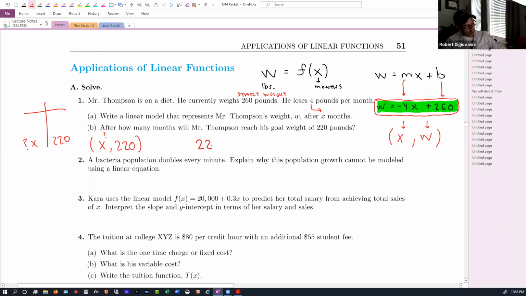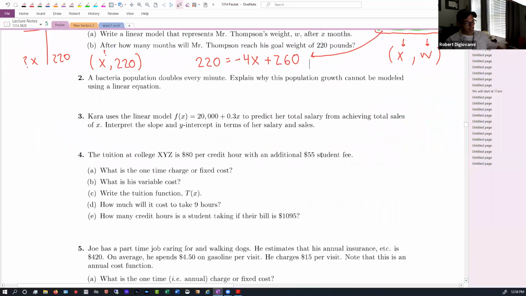So we're going to write 220 equals negative 4x plus 260. Now I'm going to run out of room, so I'm just doing it on the side here, and then I'll erase it.